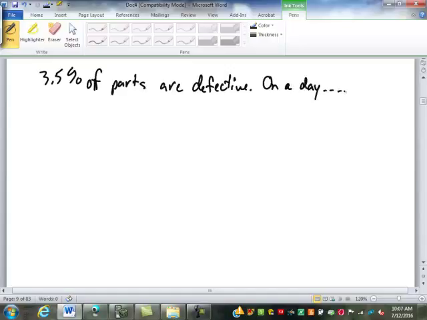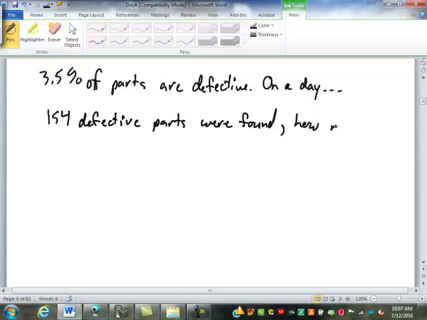I'm going to abbreviate here. So on a day where, let's say, 154 defective parts were found, how many good parts were produced?